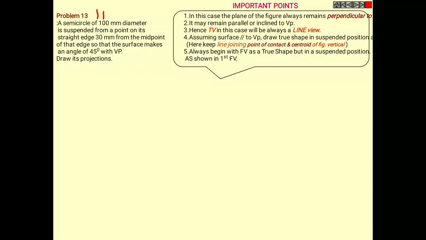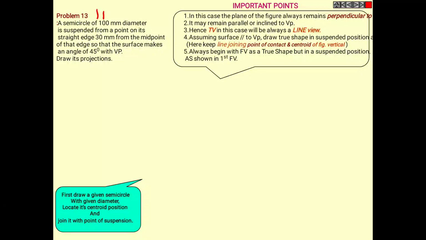Now see the same points of the previous case. So in this case the plane of the figure always remains perpendicular. It may remain parallel or inclined to VP, hence TV in this case will always be a line view. So assuming surface parallel to VP, draw the true shape in suspended position. So always begin with the front view as a true shape but in a suspended position, as shown in the first front view.